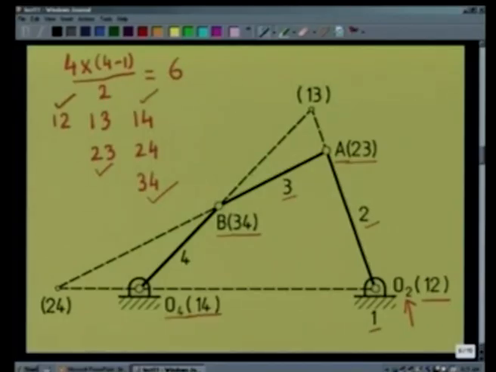So out of the total 6 number of relative instantaneous centers, 4 of these are located just by inspection. We have still to determine 2 more instantaneous centers, namely 1, 3 and 2, 4. To determine these 2, we invoke the Aronhold-Kennedy theorem of 3 centers.